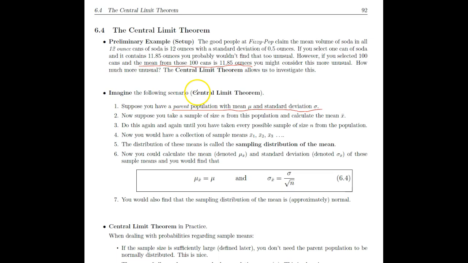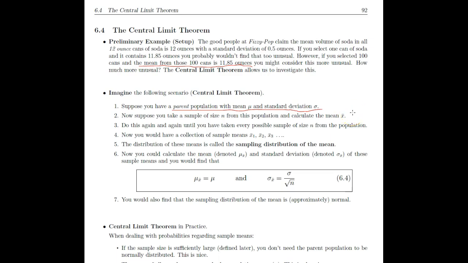For the Fizzy Pop, that would be basically every can of soda they've ever filled. Now suppose you take a sample of size n, like 100 cans in this Fizzy Pop example, and then you calculate the sample mean, which in this case was 11.25.